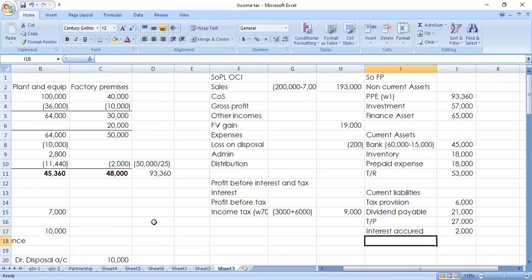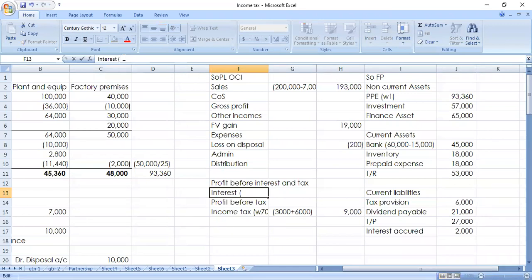Then under your profit or loss, this interest is going to be the 6,000 that you paid plus the 2,000 outstanding, which will give us the 8,000. So that's how we're supposed to treat that interest part.